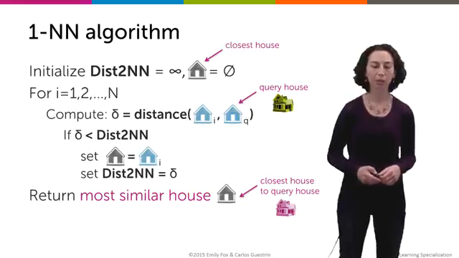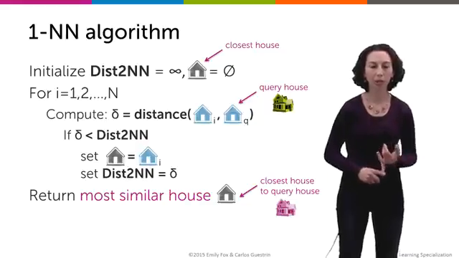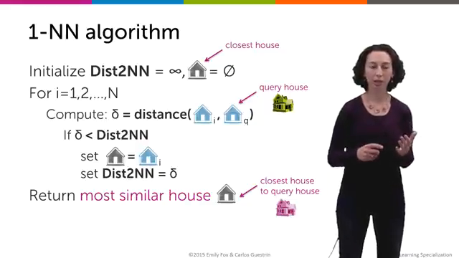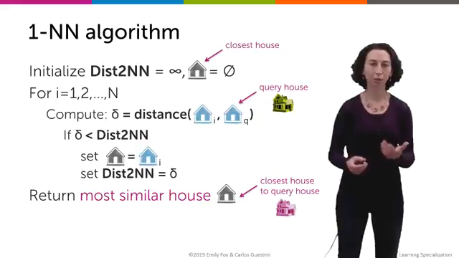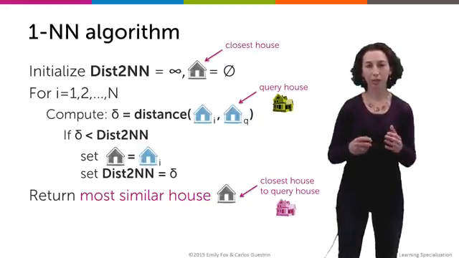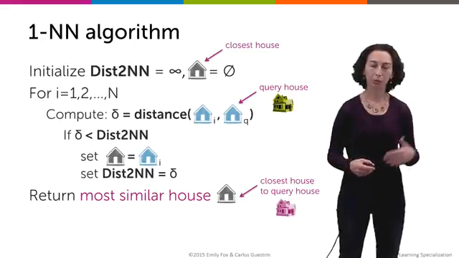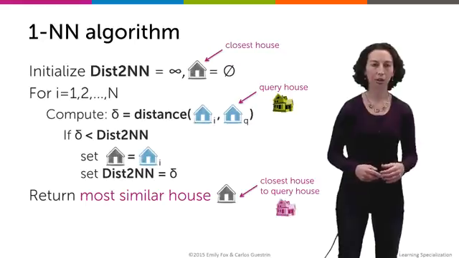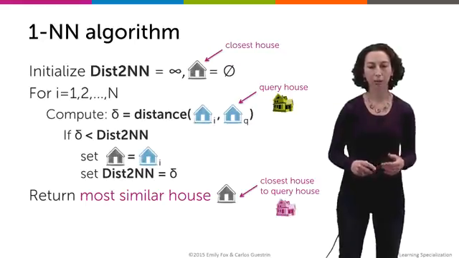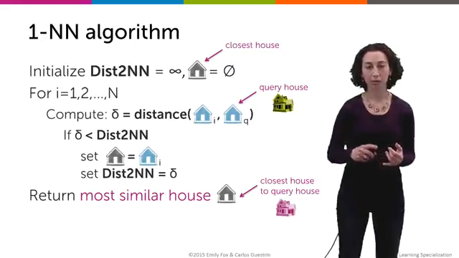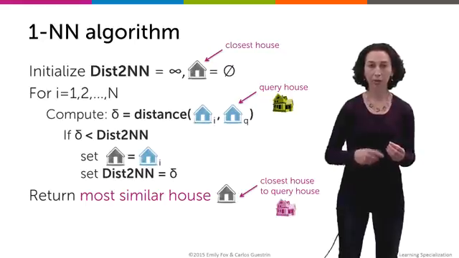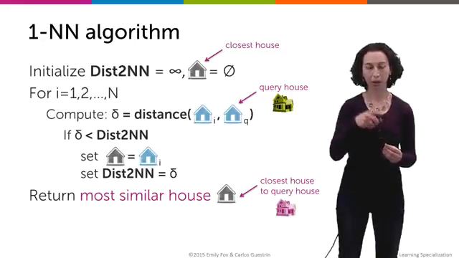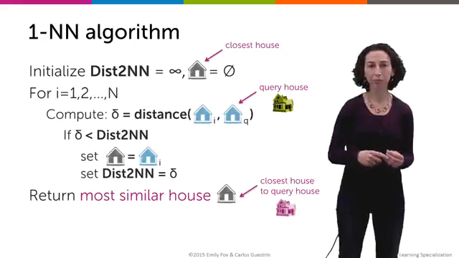So more explicitly, in our one nearest neighbor algorithm, we can initialize what I'm calling distance to nearest neighbor to be infinity, and initialize our closest house to be the empty set. Then we're going to step through every house in our data set and compute the distance from our query house to the house at our current iteration.